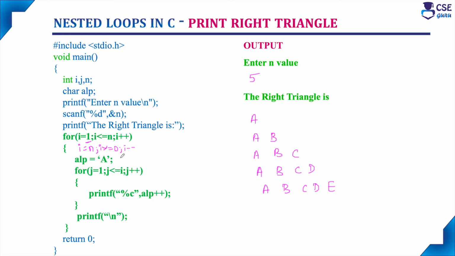If you change the outer for loop condition, you will get the output A, B, C, D, E, then A, B, C, D, then A, B, C, then A, B, and then A. So this is the inverted right triangle for the alphabet. We only need to make simple changes to get whatever output we want. This is the example of implementing nested for loops to print the right triangle.